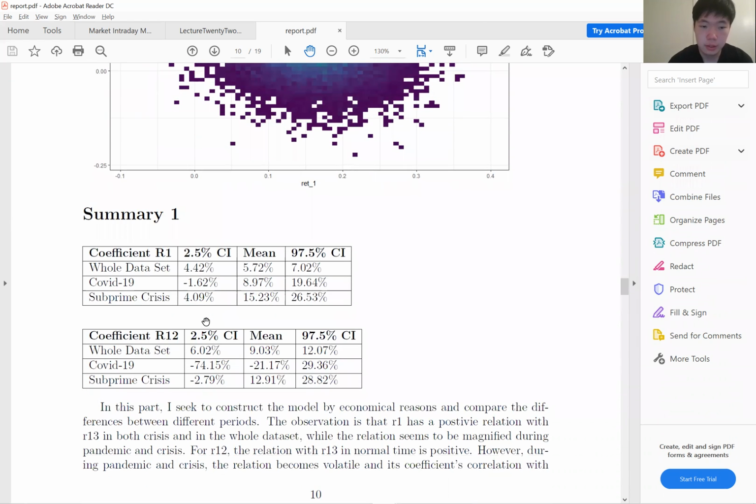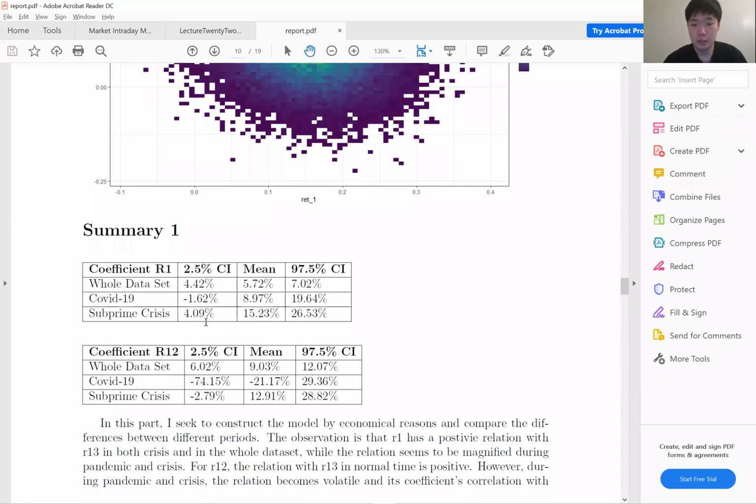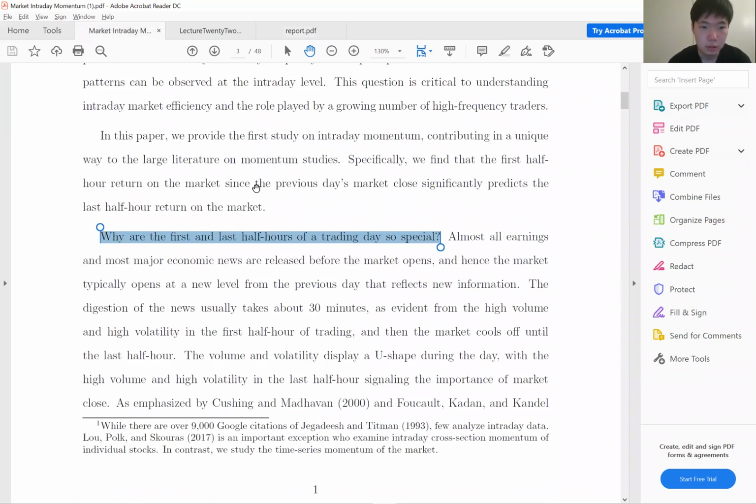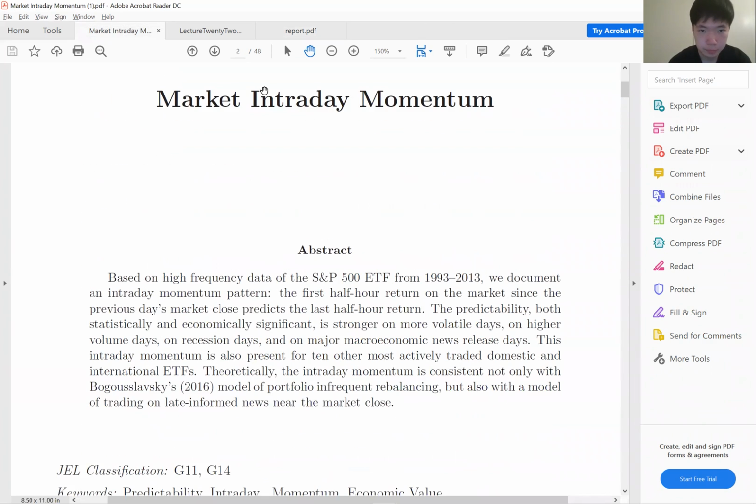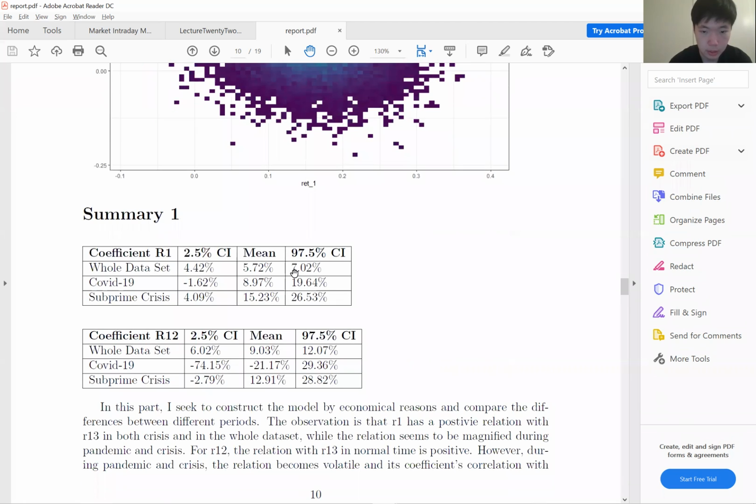In summary, in this section, I seek to construct the model by some economic reasoning suggested by a paper called Market Intraday Momentum. In this approach, the observation is that R1 has a positive relation with R13 in both the crisis and pandemic periods and in the whole dataset. And the relation is actually magnified in the crisis.